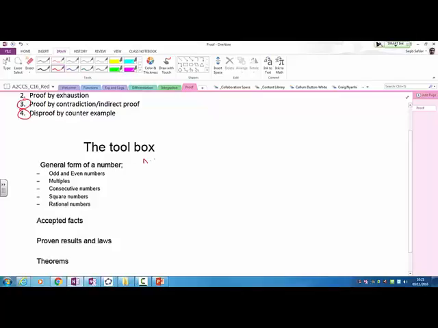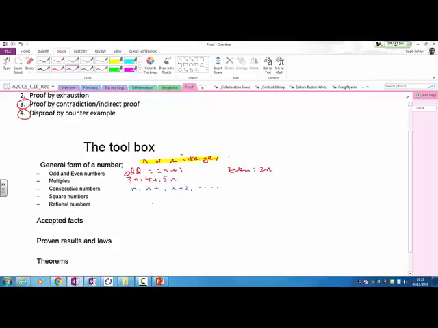If n or k is some integer, then even numbers will just be 2n, but odd numbers will be 2n plus 1. Multiples will be 3n, 4n, 5n, etc. Remember, n is just some integer. Consecutive numbers are n, n plus 1, n plus 2, and on and on.